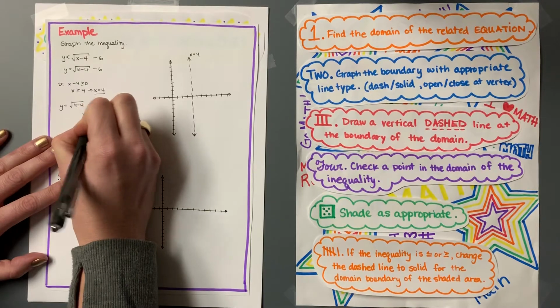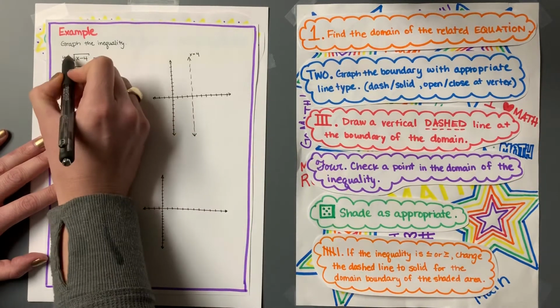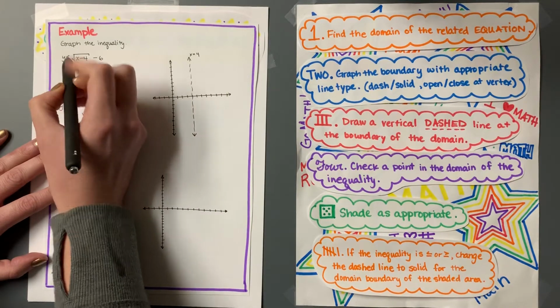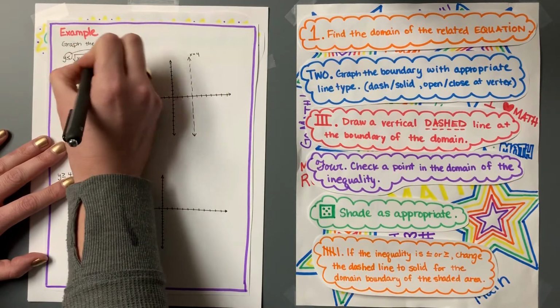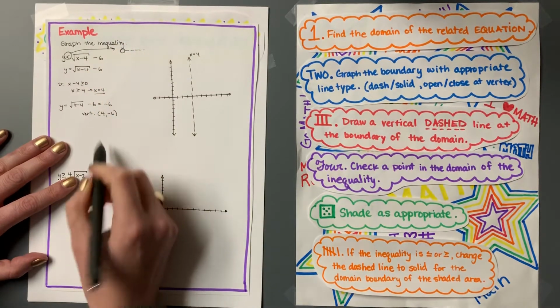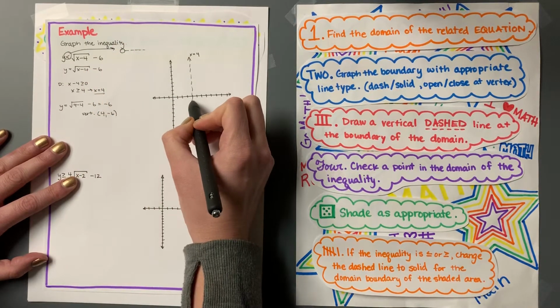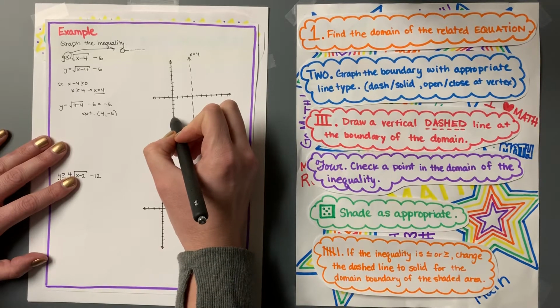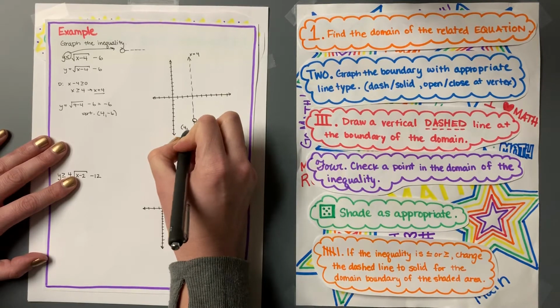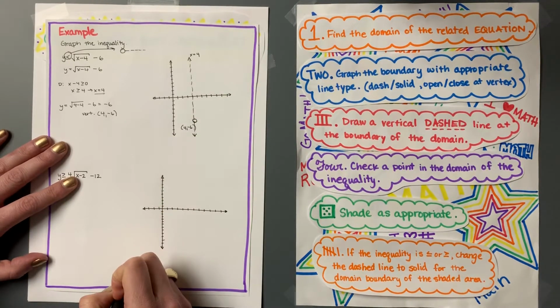This is my vertex. So at 4, negative 6, I am going to put an open circle. And I know it's an open circle because this is a less than. So that means I will have an open circle and a dashed line. So at 4, negative 6, 1, 2, 3, 4, 5, 6, I will have an open circle. And I'm going to mark this as 4, negative 6.